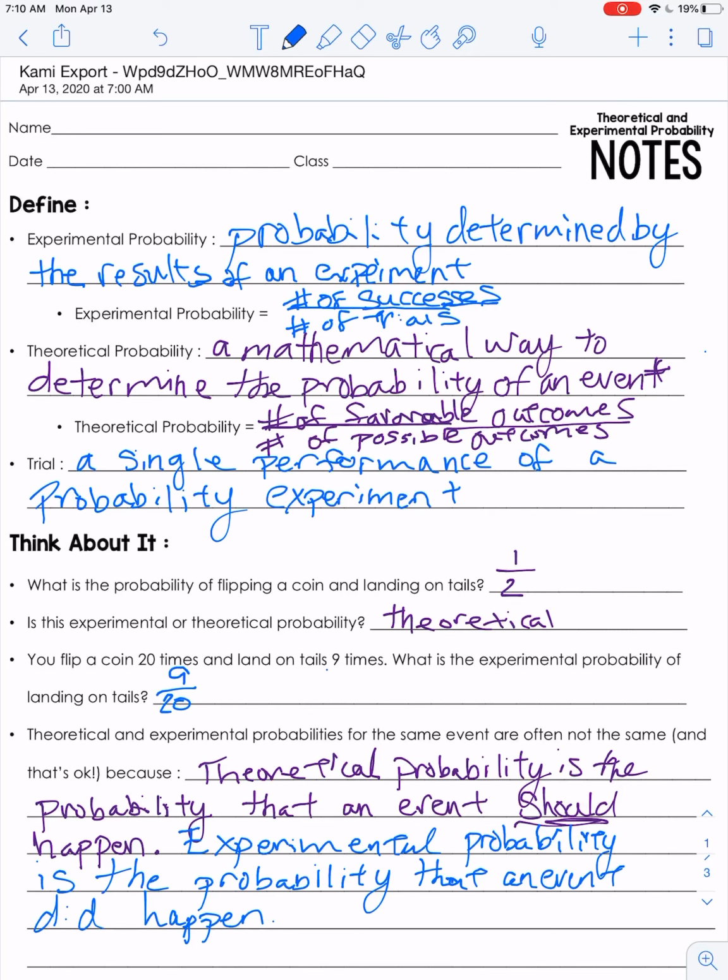So that is the difference between our theoretical probability and our experimental probability.